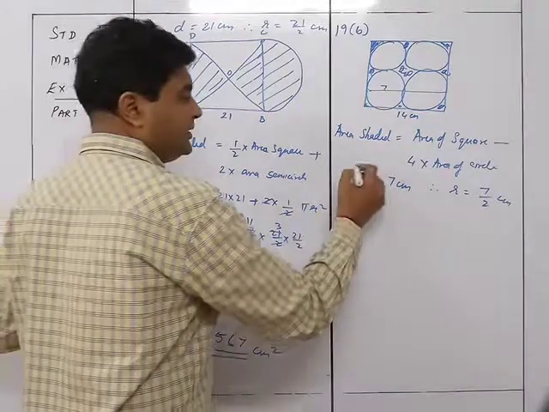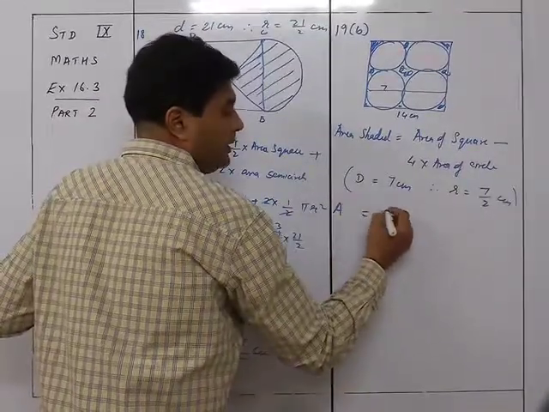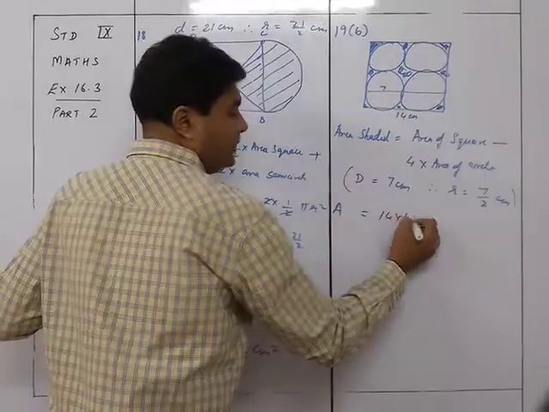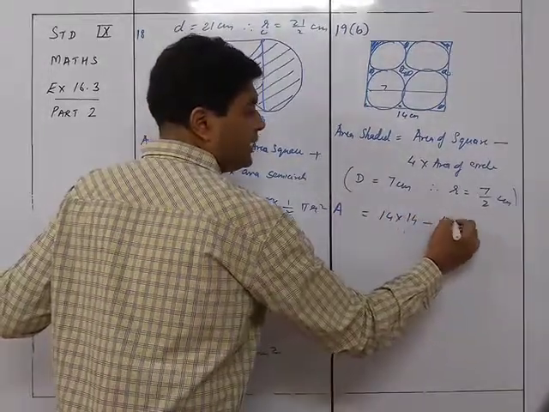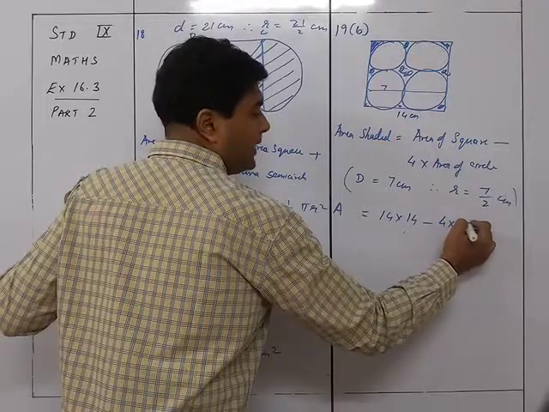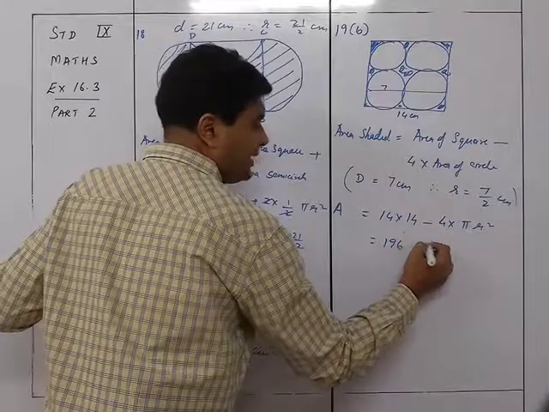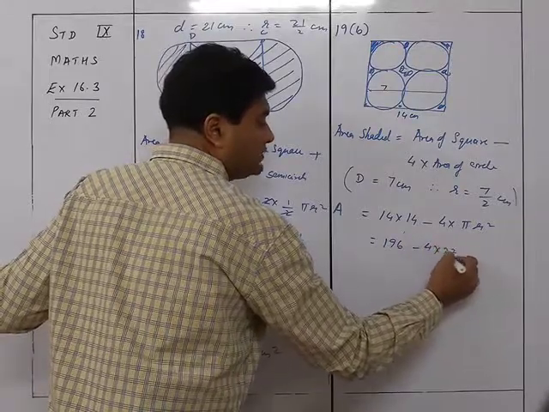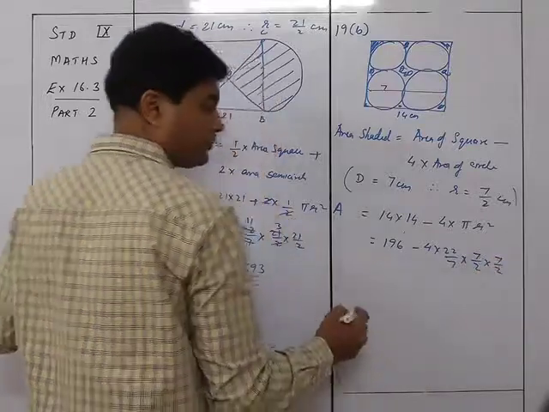So area shaded, this is what we needed. Area shaded will be equal to 14 into 14 minus 4 into pi r square. So it is 196 minus 4 into 22 upon 7 into 7 upon 2 into 7 upon 2.